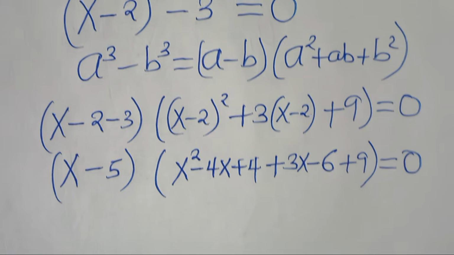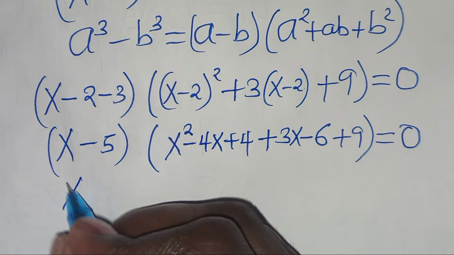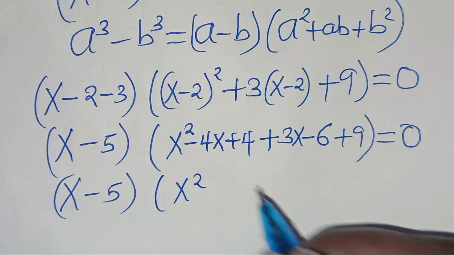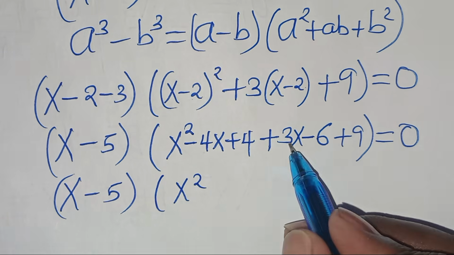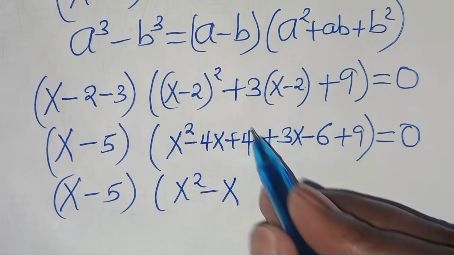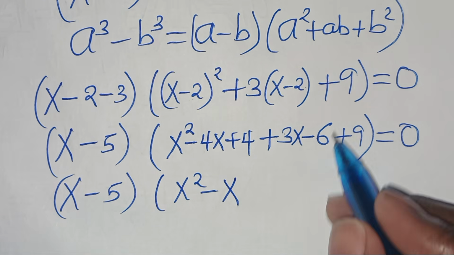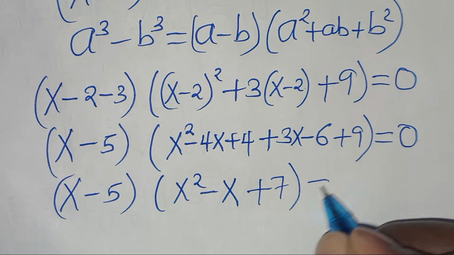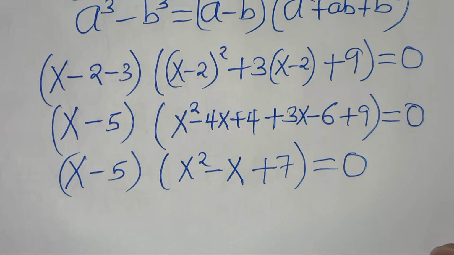This is equal to 0. So this is x subtract 5. Here we have x to the power of 2 minus 4x plus 3x. This is minus x. Then we have 4 minus 6. This is minus 2 plus 9. This is plus 7. This is equal to 0.